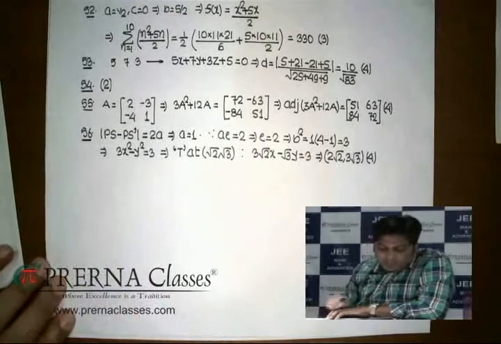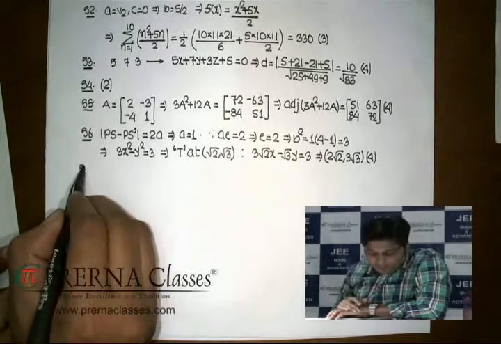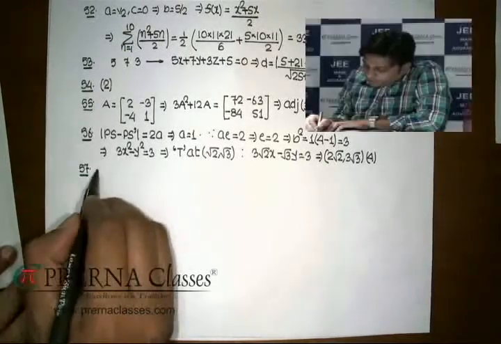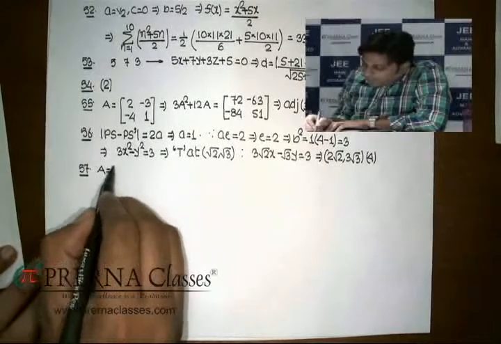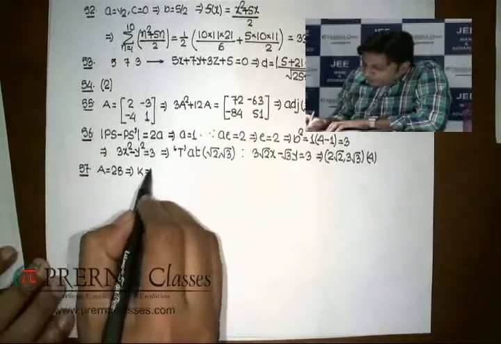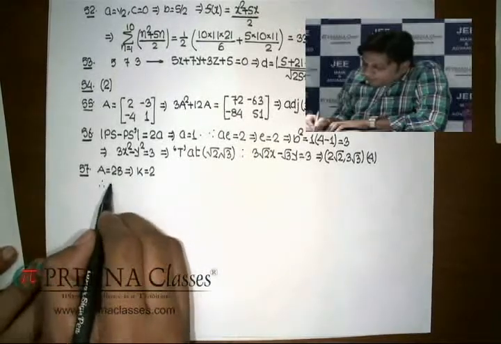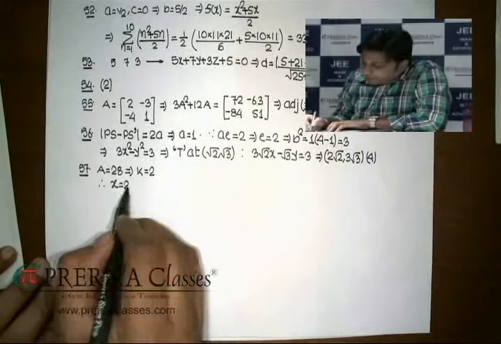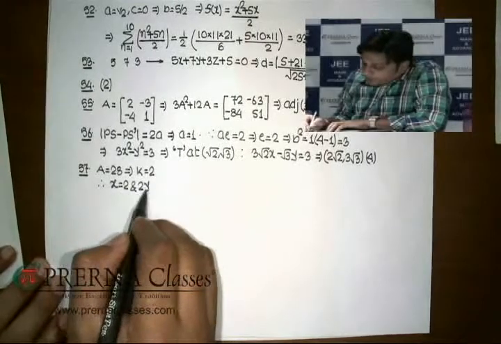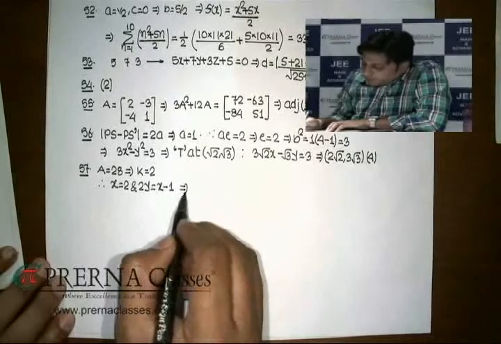57th question, we are given that k is an integer and the area of a triangle with vertices in terms of k is 28 square units. From that area, we can compute k's value to be 2, and therefore the altitudes are going to be x equals 2 and 2y equals x minus 1.